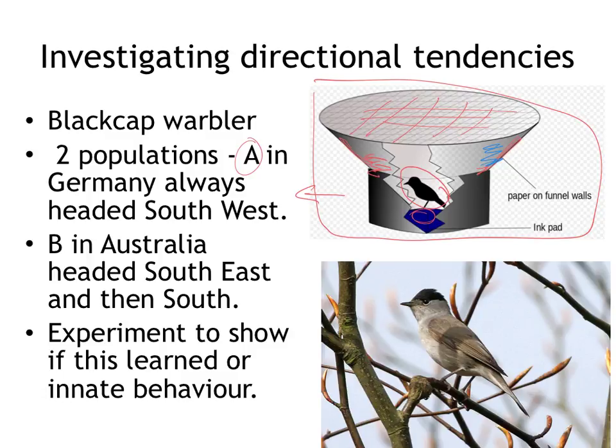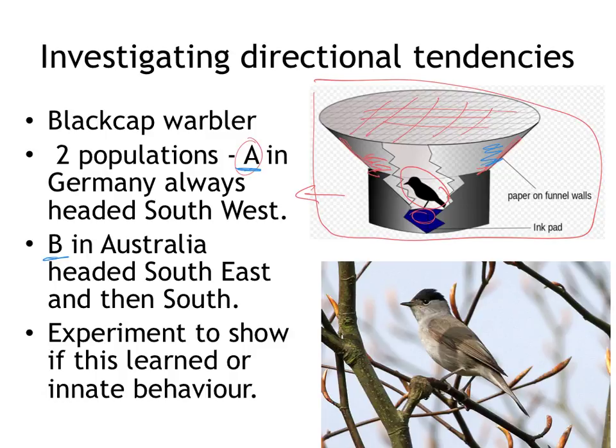And when they did this experiment looking at this funnel, they found that population A always made scratch marks in the actual direction of the typical flight path of their population. And in the same way, population B had markings on these funnel cages that showed their typical flight path.